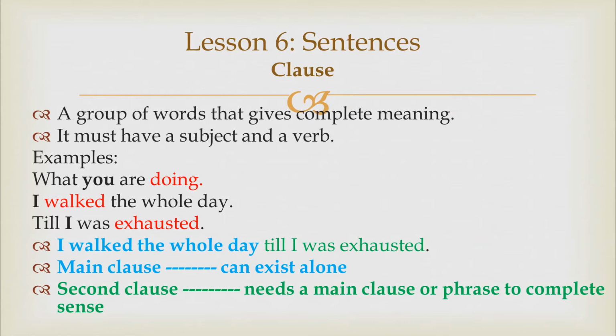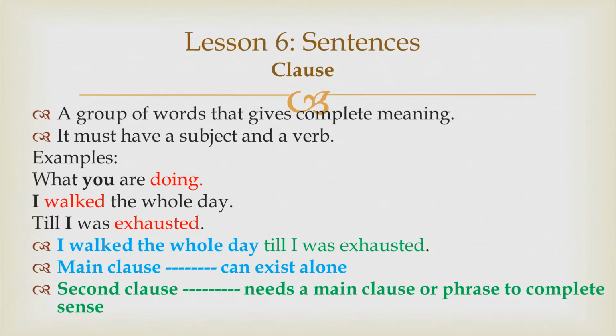A sentence can contain more than one clause, and if there is more than one clause in a sentence, one would be the main clause and the other would be the second clause. So how to differentiate which one would be the main clause and which one would be the second clause? Look at the sentence. I walked the whole day till I was exhausted.